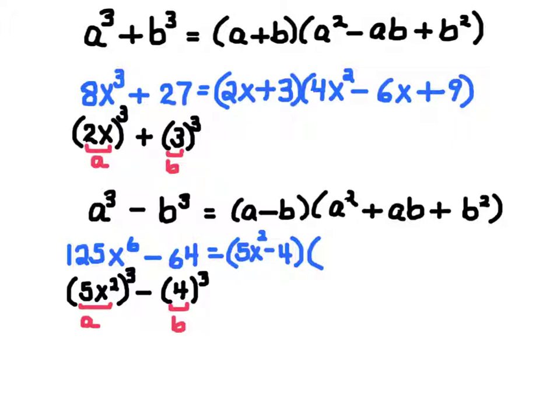So if you square 5, it's 25, and if you square x squared, that's x to the 4th, plus a times b, which is 5x squared times 4. 5 times 4 is 20, so this is 20x squared, plus b squared, and b is 4. 4 squared is 16. So here we have factored the difference of two cubes, so that that is equal to a binomial times a trinomial.